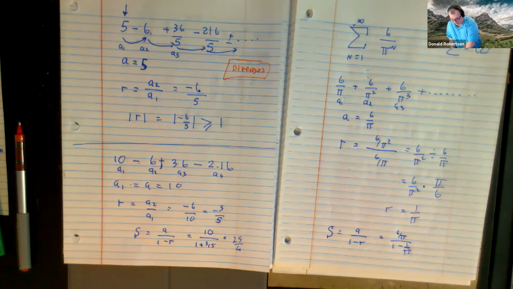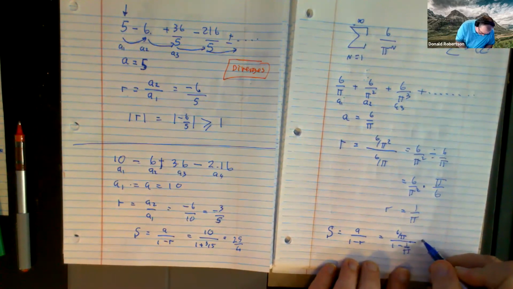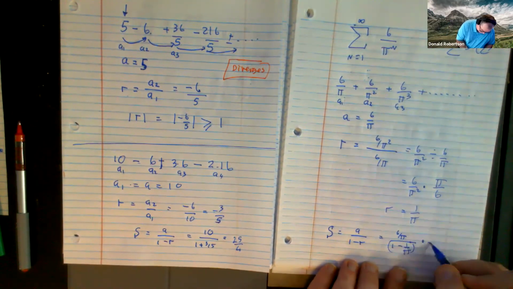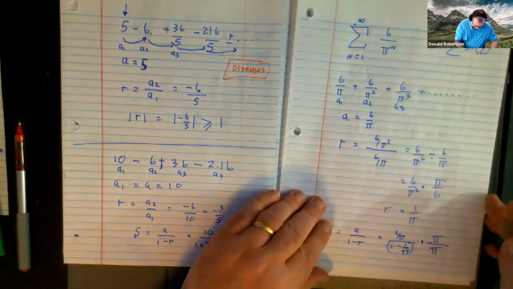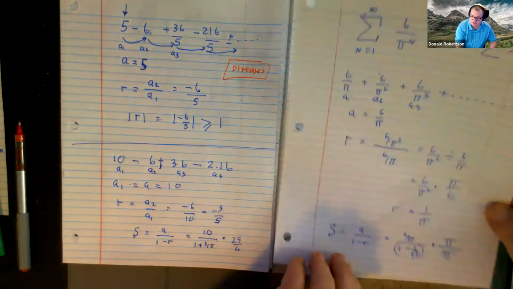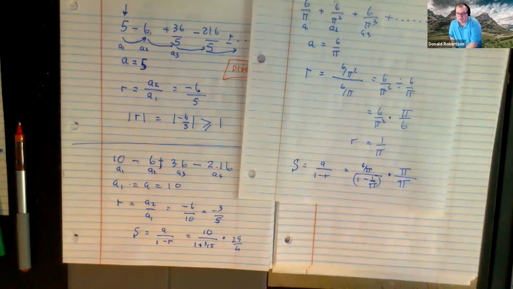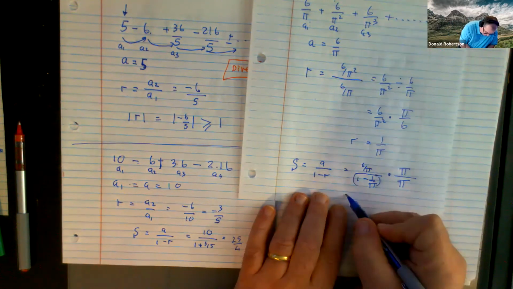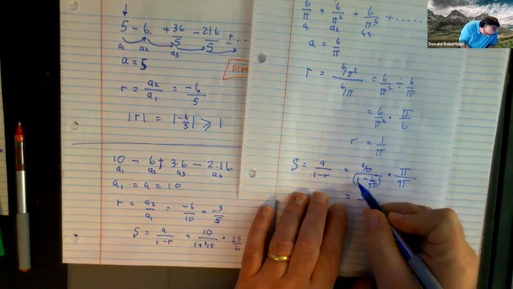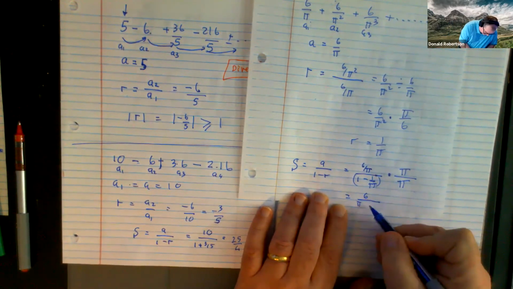You should never leave fractions with fractions in them. So what you can do is multiply by a special version of 1, in this case pi over pi. Would you agree multiplying something by pi over pi is just multiplying it by 1? Now if you take the top guy, you now get 6, and that guy gets you pi, and that guy gets you 1.